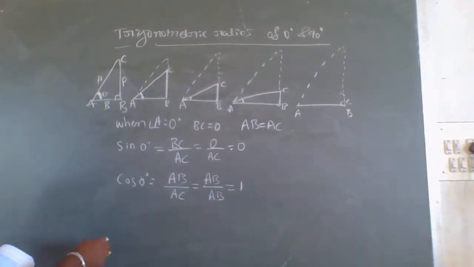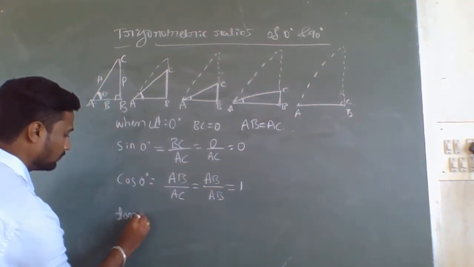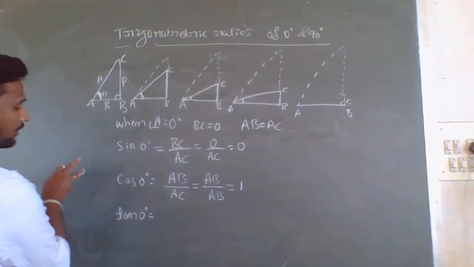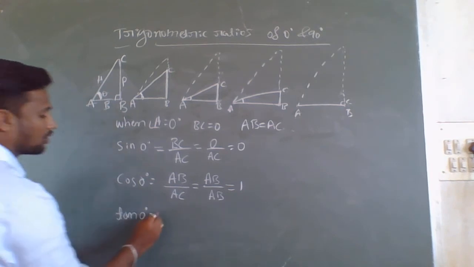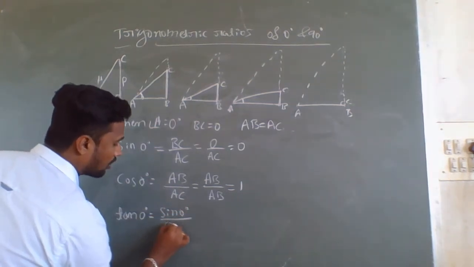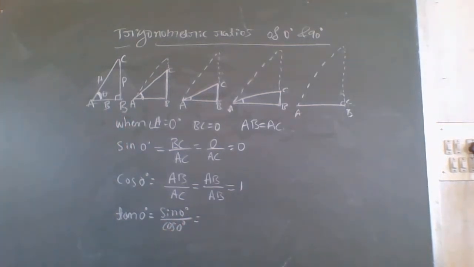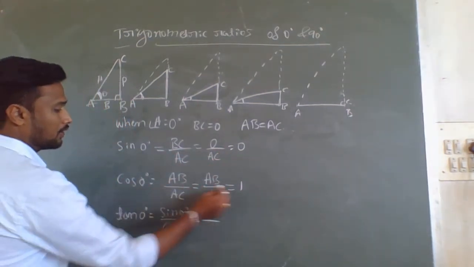Next, tan 0. So tan 0, what can you write? You know that tan theta equals sin theta by cos theta. So here I will write sin 0 degree by cos 0 degree, which equals sin 0 value is 0 by cos 0 value is 1.